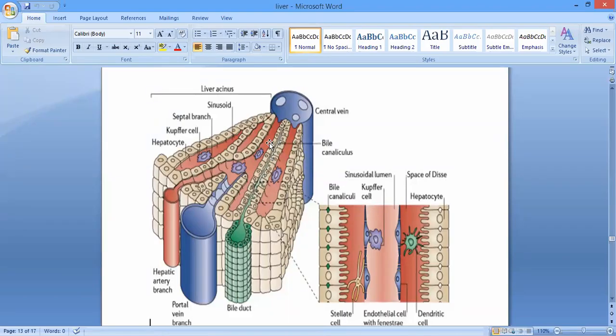And this space between the sinusoid and the hepatocyte, this is called the space of Disse, ये याद रखिए, ठीक है जी. ये sinusoids हैं जिनमें आपका blood दोनों mix होते हैं और यहाँ से nutrients and oxygen is basically taken up by the hepatocytes. Is it clear जी? Concept develop हो गया आपको कि sinusoids कैसे function करते हैं, ठीक है.